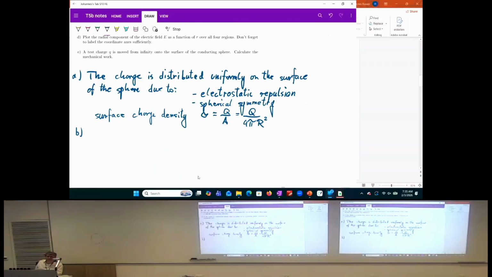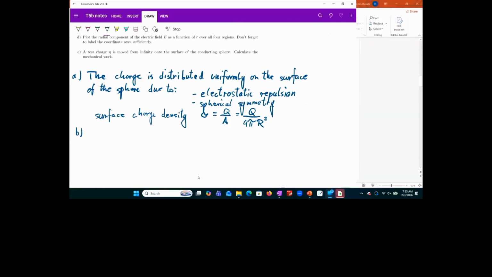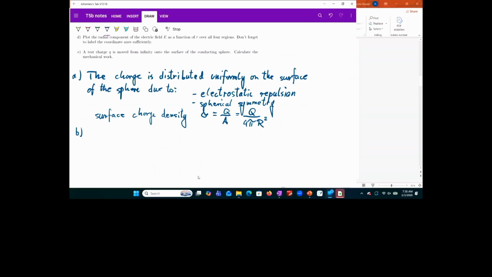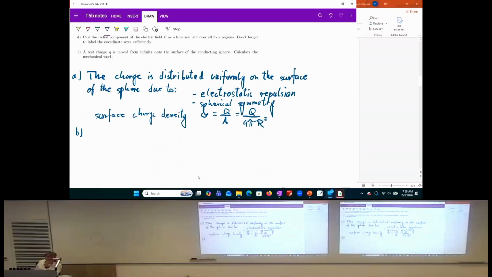It is right that it goes in all directions because of the symmetry, in terms of the direction of the basis vectors E_r, E phi, and E theta. But because of the symmetry, that applies only to the E_r component.